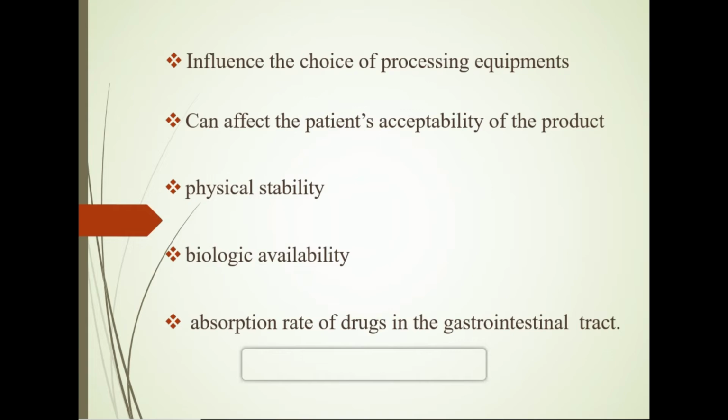Other than this basic importance, we can think of secondary components. If you would like to choose specific equipment for a particular product, you need to think about the chemistry of your material with that processing equipment. If material and equipment do not match well, the product output may be affected.